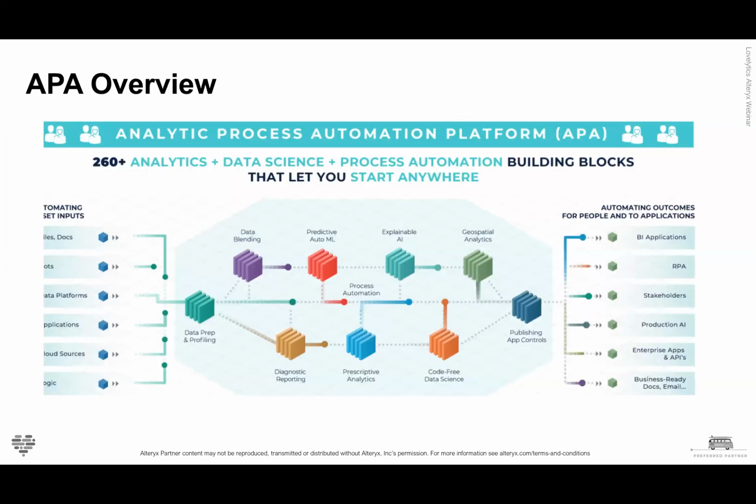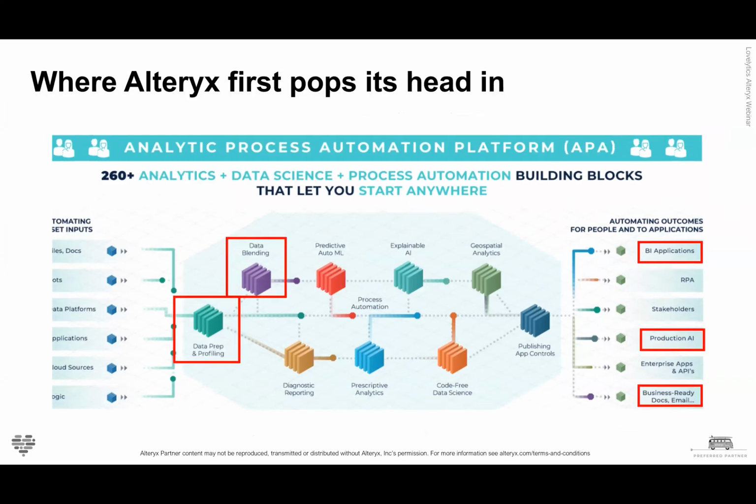And when we think about Alteryx in general, and we look to their analytic process automation platform, there are a lot of different component parts that make up the suite of tools within their product stack. Traditionally, this is where you get started. We're blending data, profiling it and qualifying data in and out.